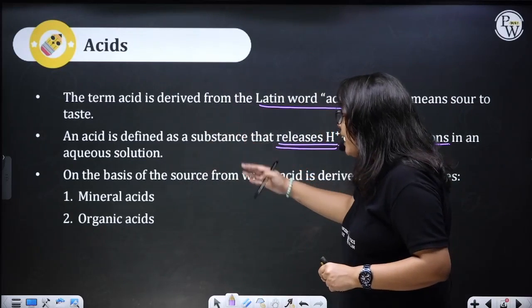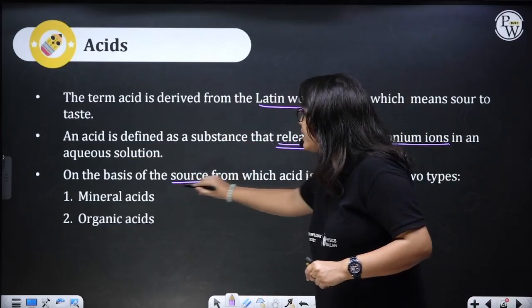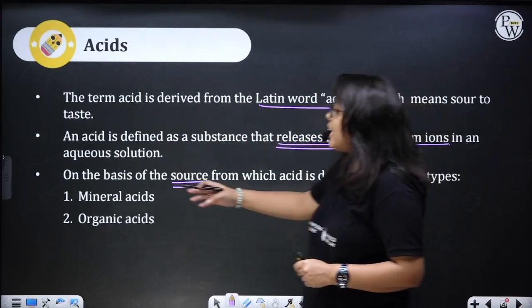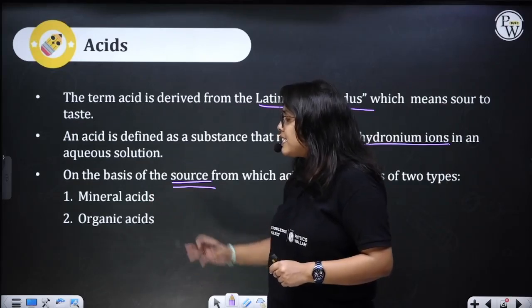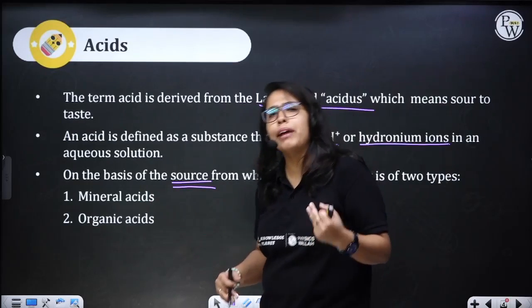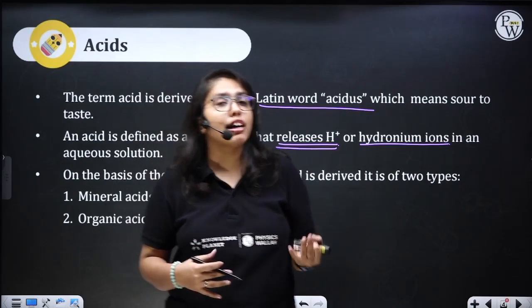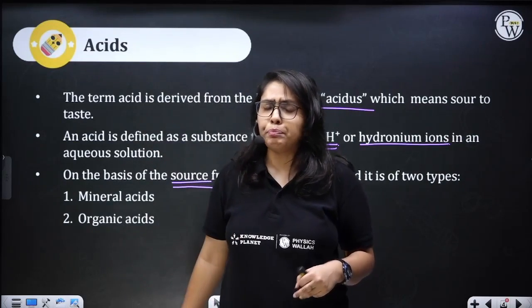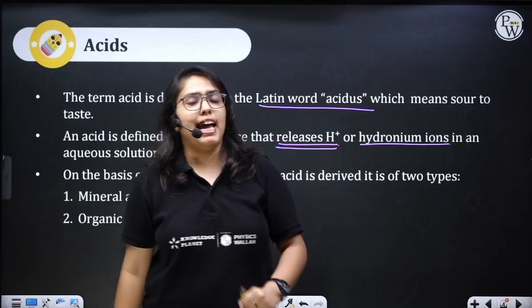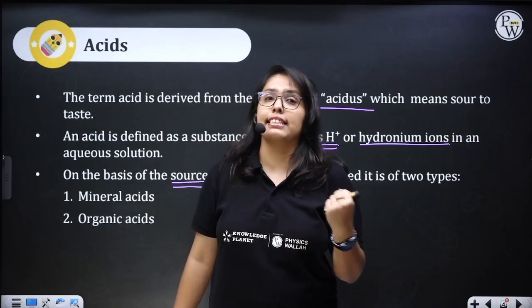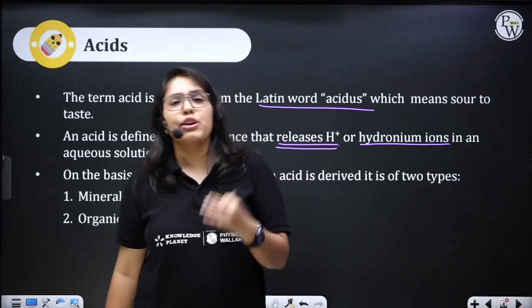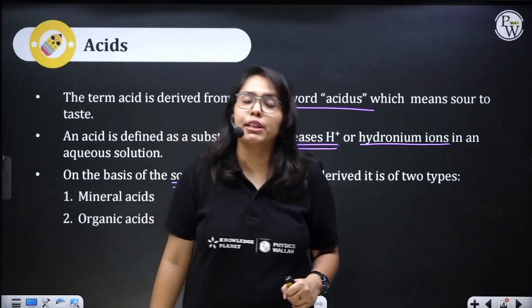And on the basis of the source from where they are obtained, acids are of two types, mineral acids and organic acids. Mineral acids are obtained from rocks and minerals. Example, the hydrochloric acid, the sulfuric acid, the nitric acid, etc. are all examples of mineral acid.